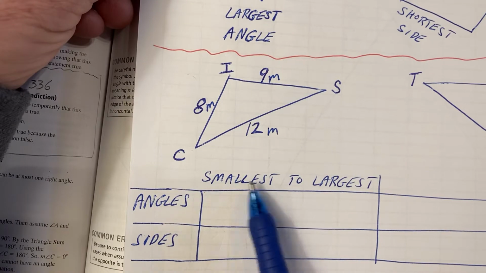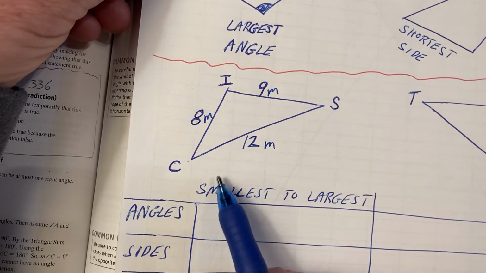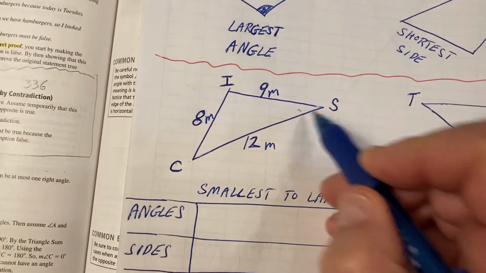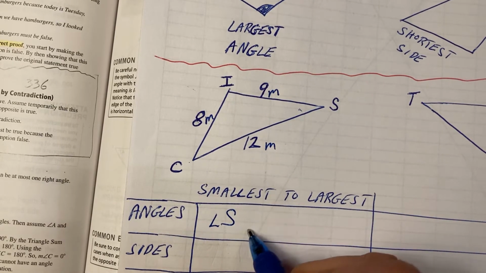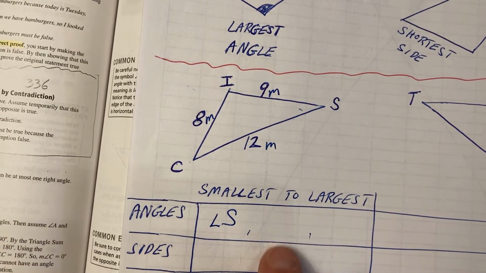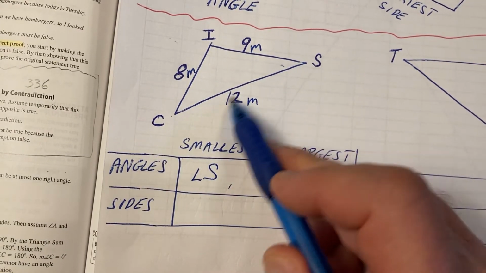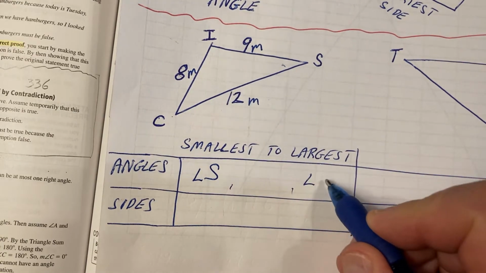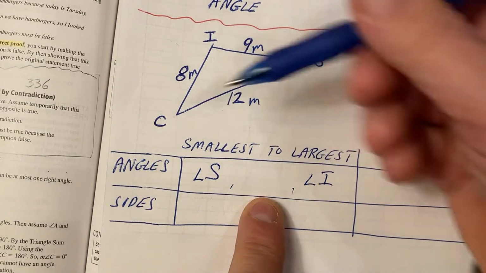Which is the smallest side? That's the smallest side, so this is the smallest angle, angle S. The largest one is here, this is the largest side, so the largest angle is angle I. That means the middle one is going to be angle C.